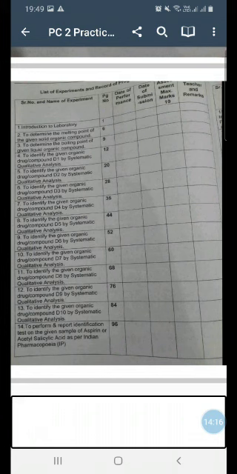Whatever you have observed during your visit, you have to report systematically in a computer report format.